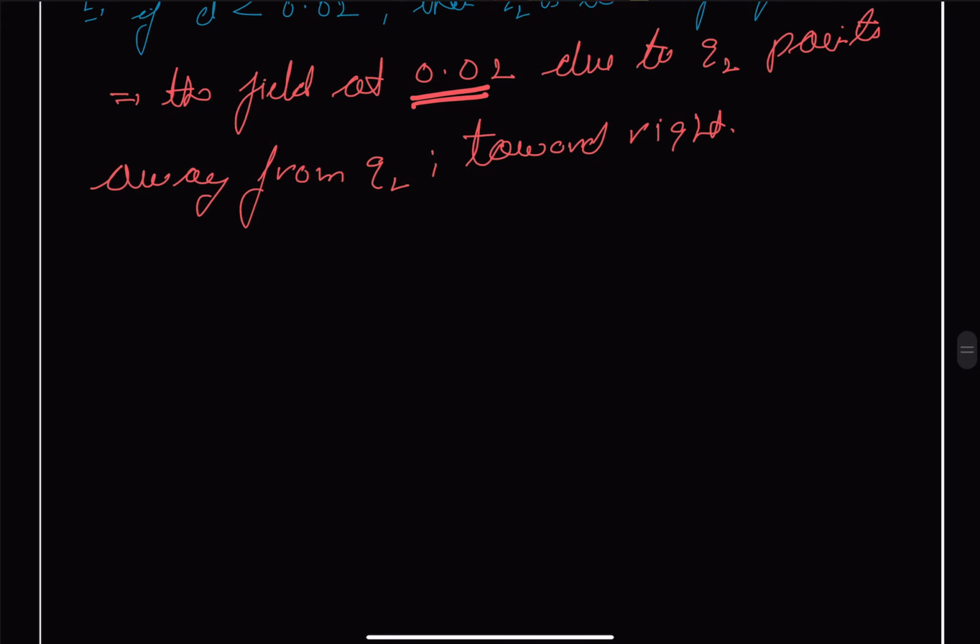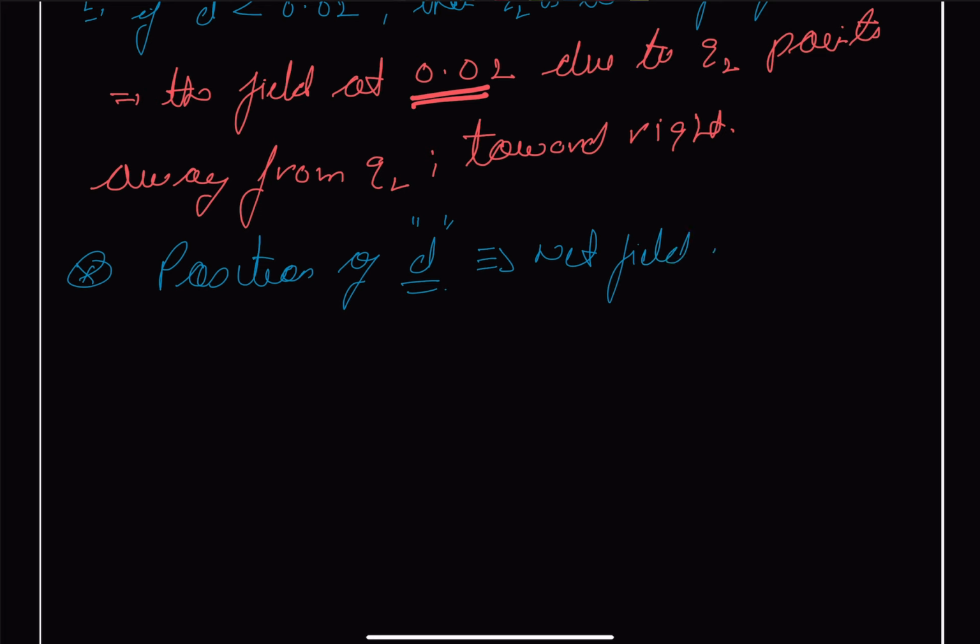Now let us find out the position of d. So the net electric field at B is equal to 0.